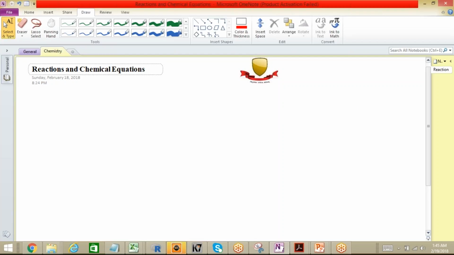Now, first of all, how to check if any chemical reaction has taken place or not. It completely depends on your observation. What do you need to look out for? Number one, check for a change in state. The second observation is any change in color of the reactant.